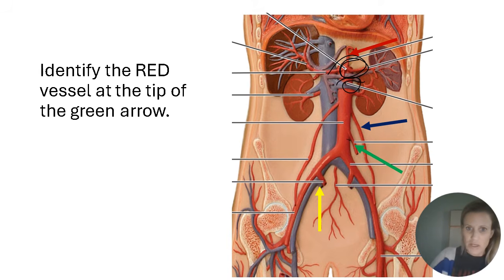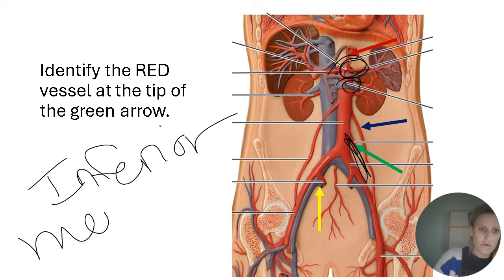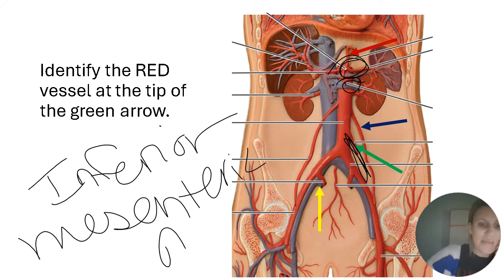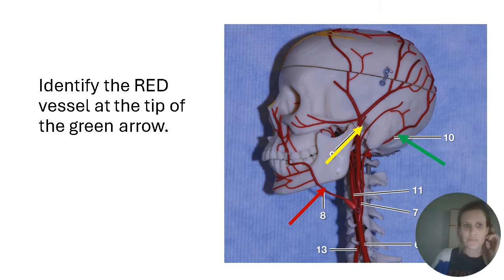And this green one here is pointing to the inferior mesenteric artery. Mesentery refers to the intestines. So the superior one up here comes to like the top parts of the intestines, and then this inferior one comes down to the bottom parts of the intestines. But that little tail that's coming off would be the inferior mesenteric artery.